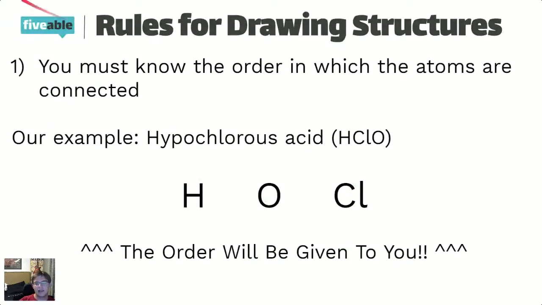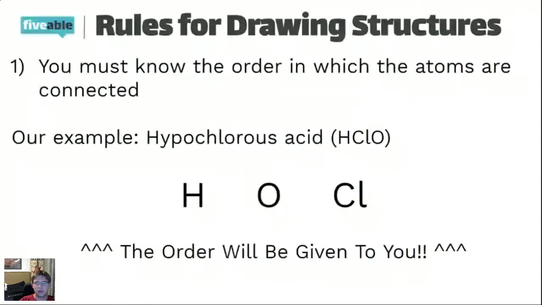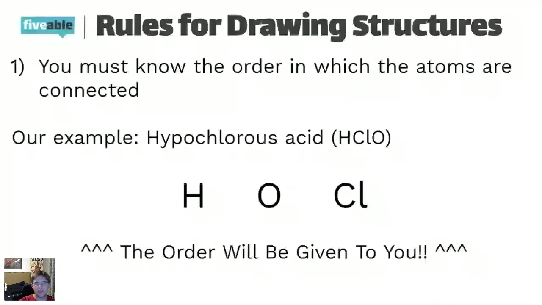On the AP exam, when they ask you to draw a Lewis dot structure, this will generally be given to you. They'll show you the general composition of the molecule. However, you will learn quickly some common shapes and common ways to draw Lewis dot structures such that you might not need it often, but it will be given to you, at least on free response questions.